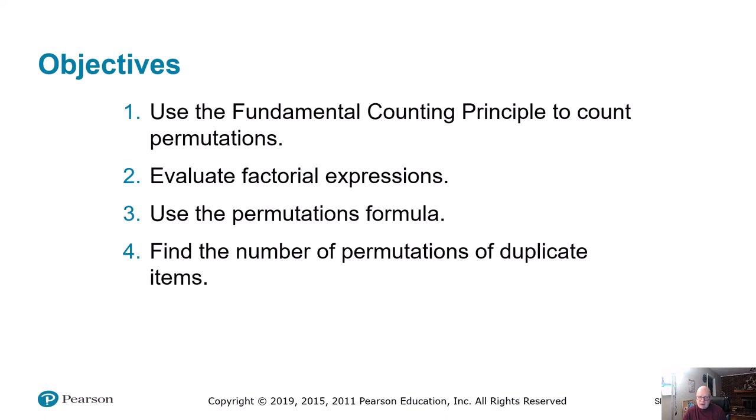Now, the first ones up here that we're talking about, where we've got a number of different items, 17 different items maybe, and how can you put those together? Down here, we're talking about maybe 17 items, but maybe some of those items look the same.